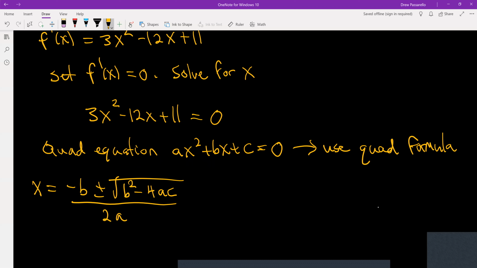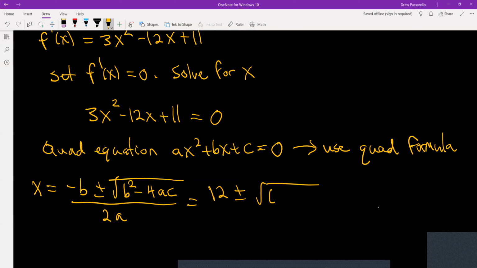All right, so plugging everything into the quadratic formula. A is 3, B is -12, and C is 11. So when I plug it in, since I have negative B and B itself is -12, a negative times a negative makes positive, so that's really positive 12 plus or minus the square root of B squared.